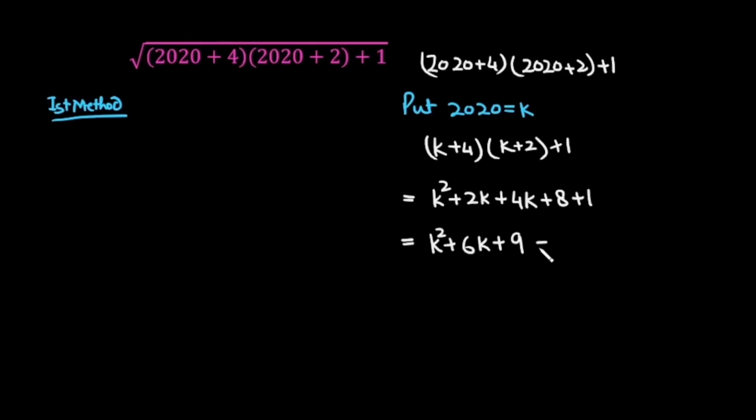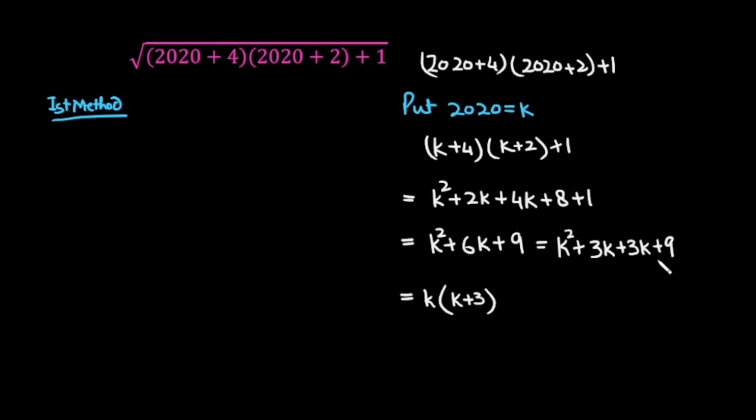So this is further equal to k square plus 6k, if I write it as 3k plus 3k, plus 9. Next step, take k common from the first two terms, inside k plus 3.